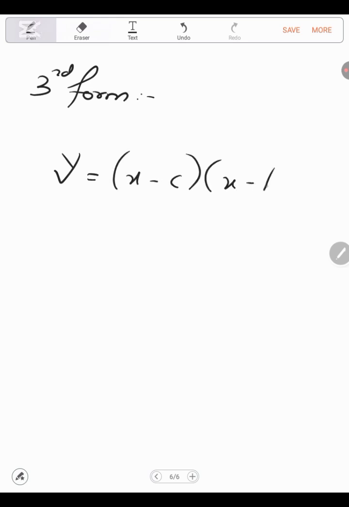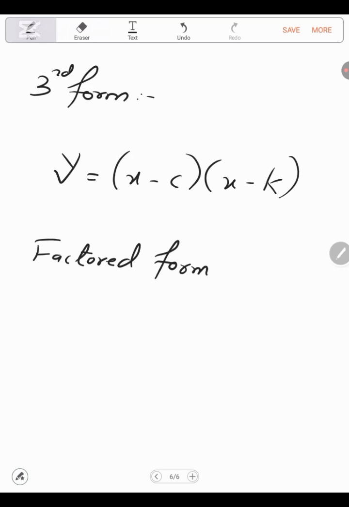Now the third form of a quadratic equation is written as y equals to (x minus c)(x minus k). Now this form is basically called factored form. Okay, now why is it called a factored form?